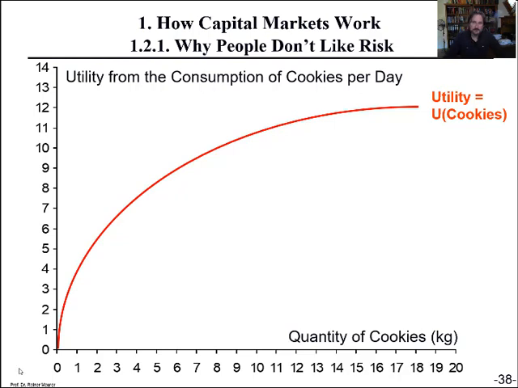Given this utility function, a consumption level of 0 kilograms of cookies implies 0 utility, since the function starts here in the 0 point of the diagram. A consumption of, let's say, 16 kilograms of cookies would provide accordingly a utility level of 12.